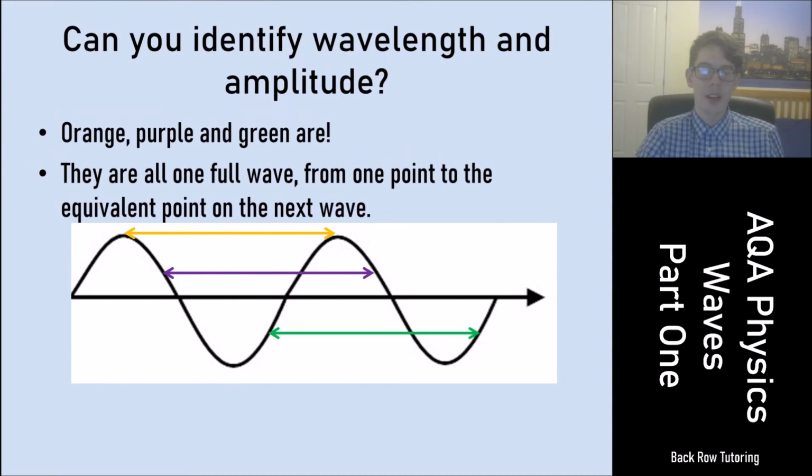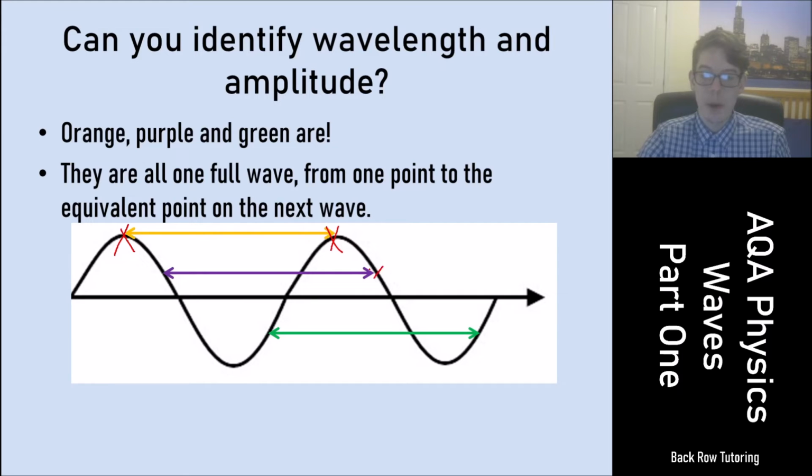The orange, the purple and the green arrow are wavelengths. They are all one full wave from one point to the equivalent point on the next wave. So you can see here we're on a peak of one wave and here we're on the peak of the next wave. So one wavelength is just the distance between those same points.